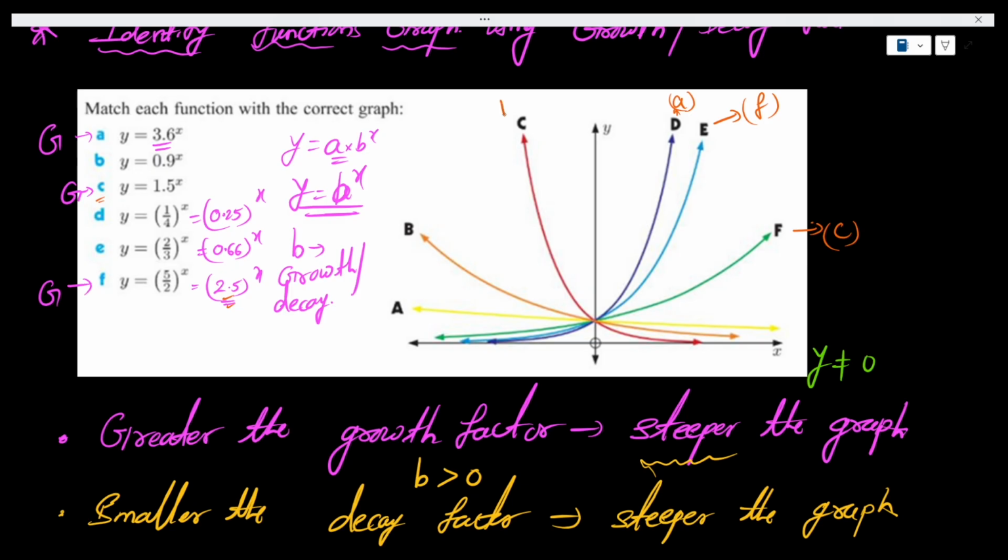So the C graph, because C among A, B, C is the steepest one, is going to represent the D bit exponential function. Then 0.9, 0.66, the B graph is representing the E bit exponential function, and A is going to be for part B.